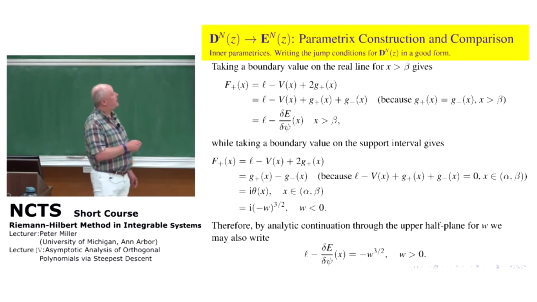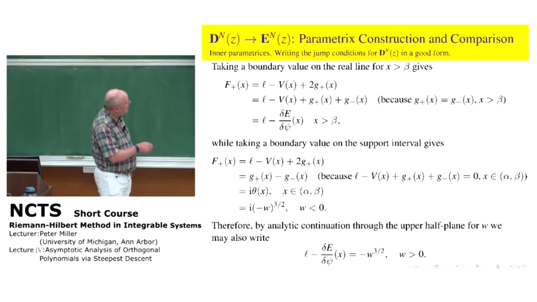But on the other hand, if you take a boundary value of the same analytic function, now for x less than beta, f plus of x is this same expression here, but now g plus and g minus are related in a different way, because this identity holds true in the support. So this expression is nothing but g plus minus g minus, which is i times theta of x in the support interval.